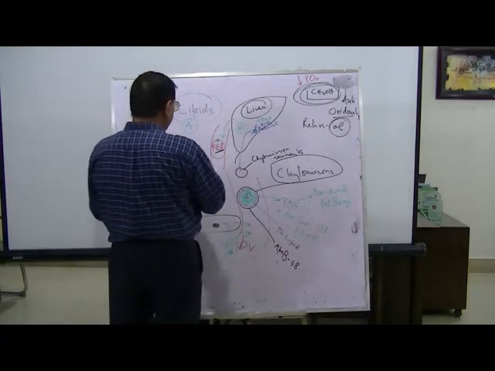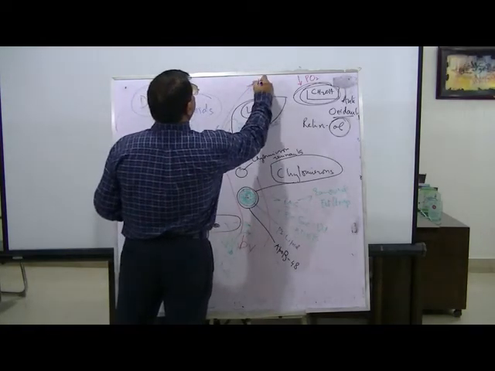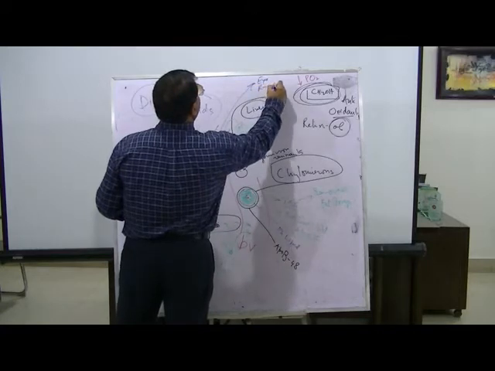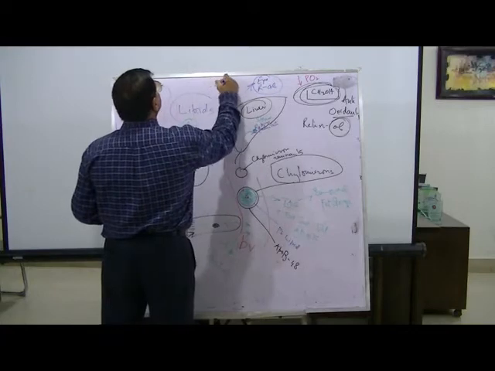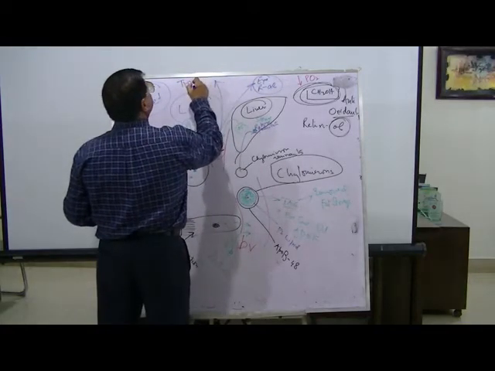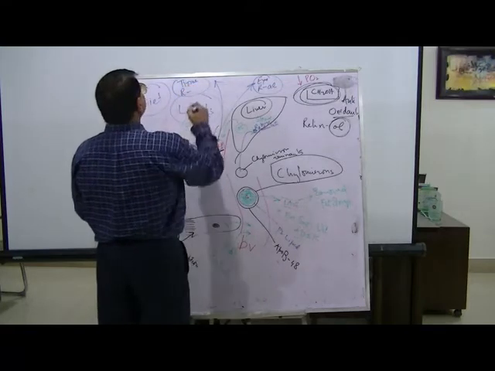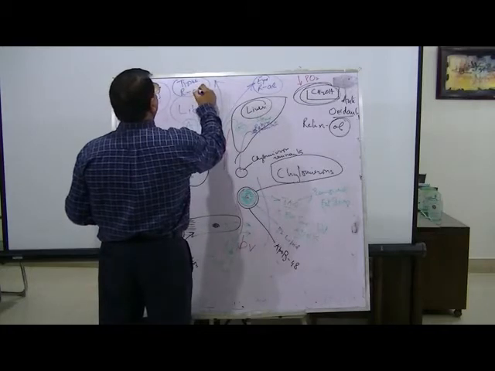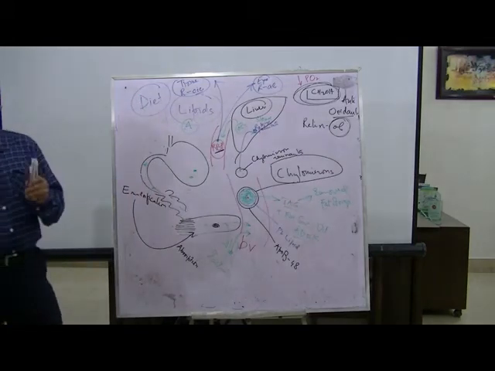So it has two pathways from here. It can either enter the eye in the form of retinol, or it can go to the tissues in the form of retinoic acid.